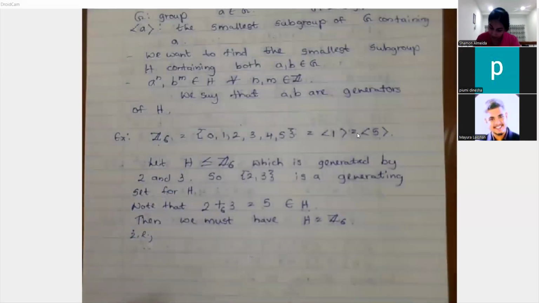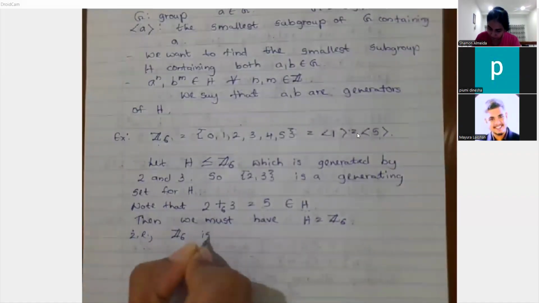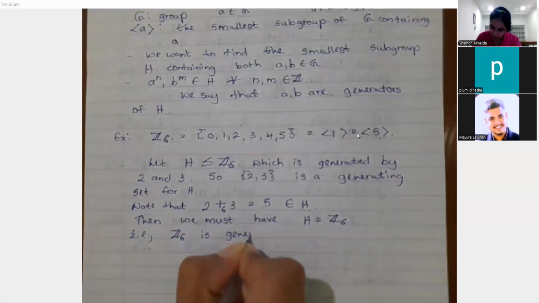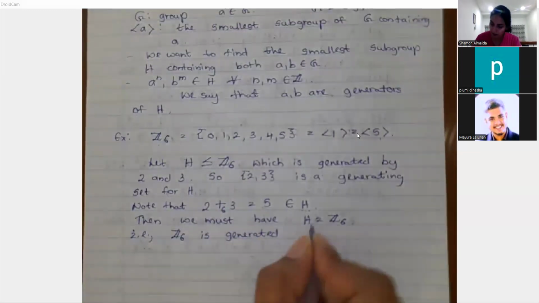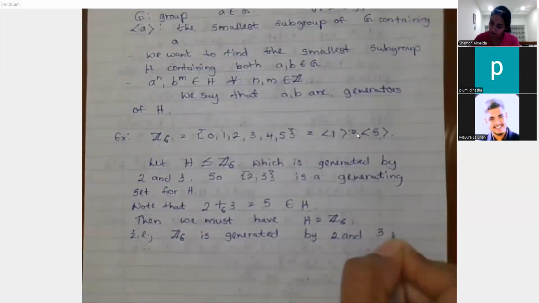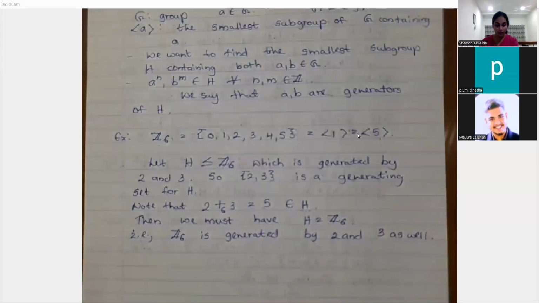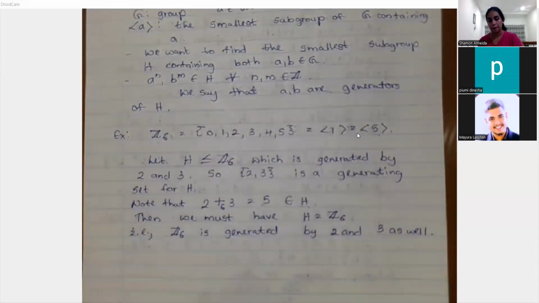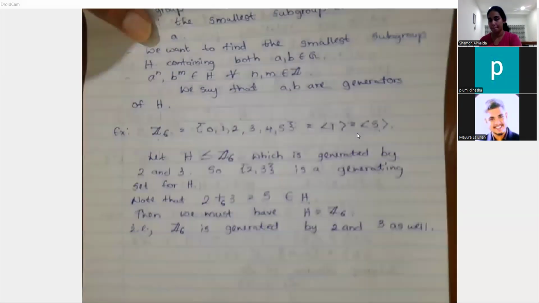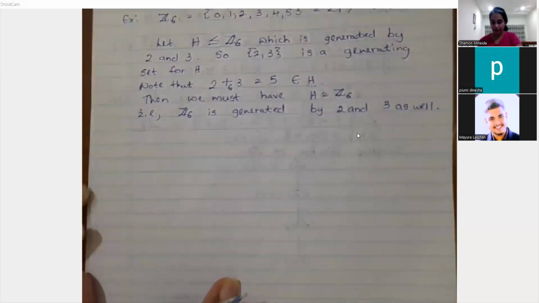So we can write, generated by 2 and 3 as well. Okay. Is it clear? Yes, madam. Okay.